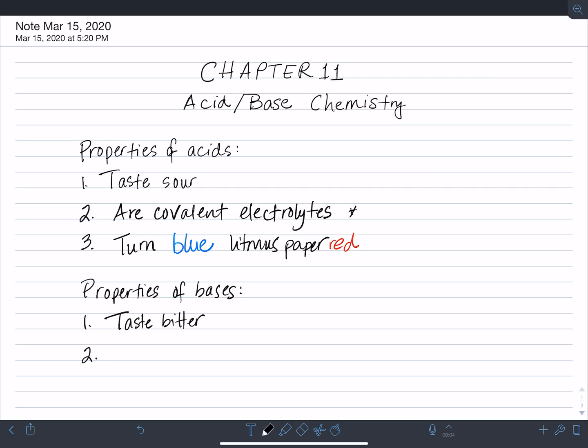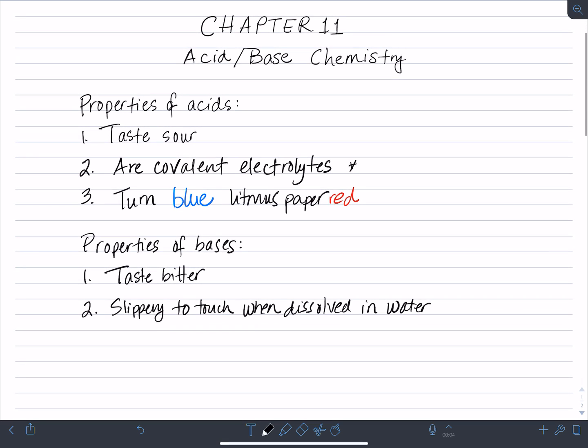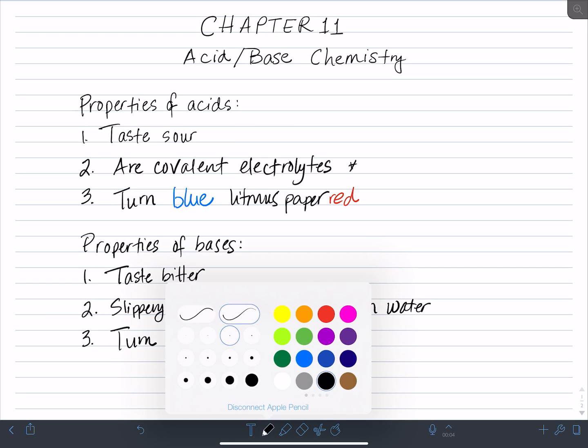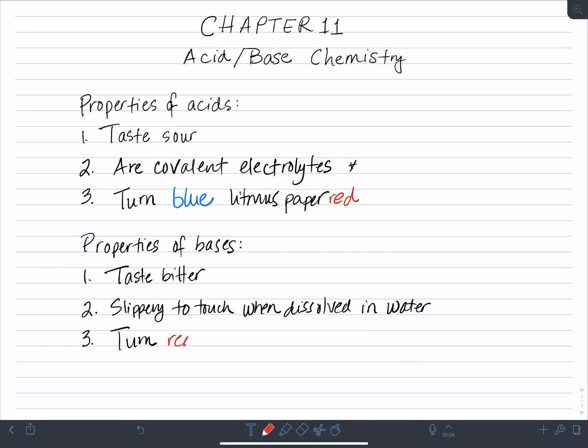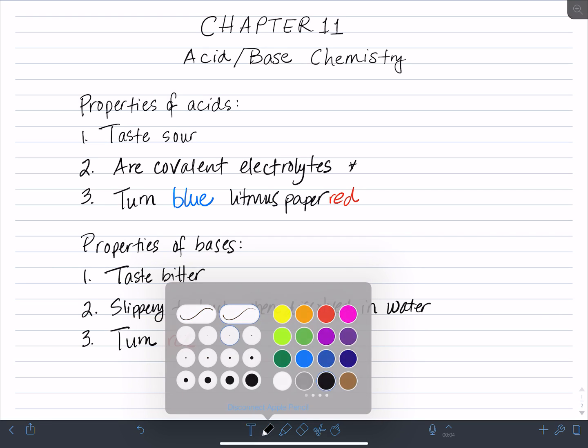Another property of bases is that they are slippery to the touch when dissolved in water. And the third property we're going to talk about is that they turn red litmus paper blue.